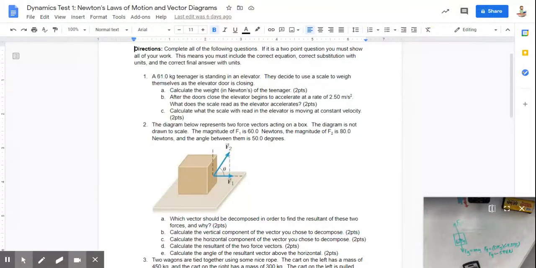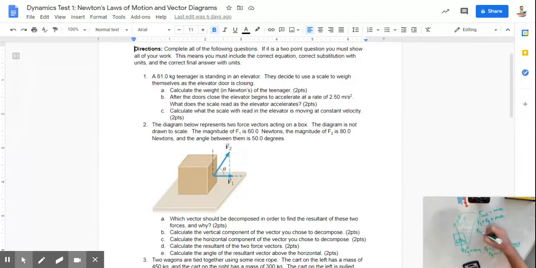Part 2: after the door closes, it begins to accelerate at 2.5 meters per second squared. What does the scale read? We know that F net equals ma, and F net here is the force of the scale plus the force of gravity, because you have 2 forces acting, equals ma.